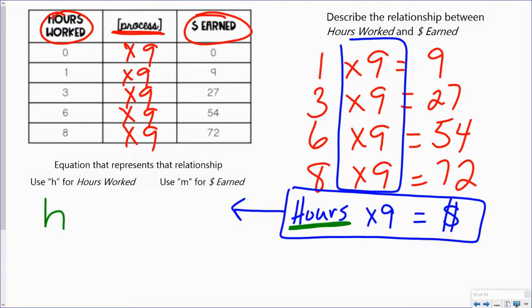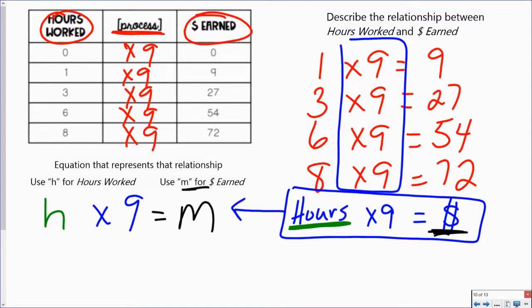So I have H, and I am multiplying my hours worked always by 9, and that is equaling the money that I'm making. And it says here use M for the money earned, so it would be M. So my equation would be H times 9 equals M.